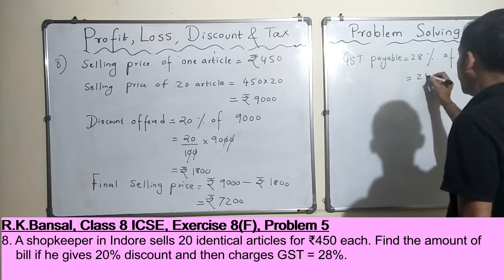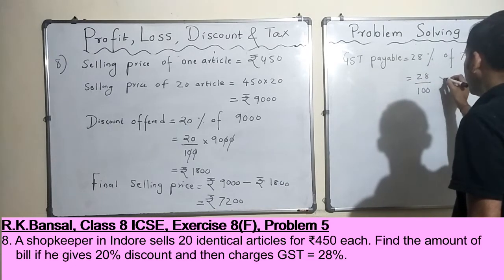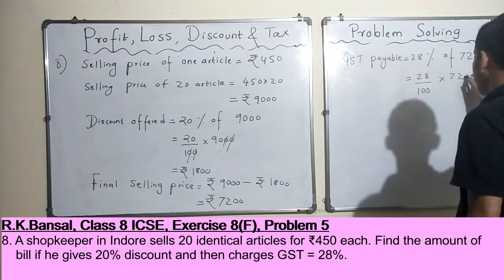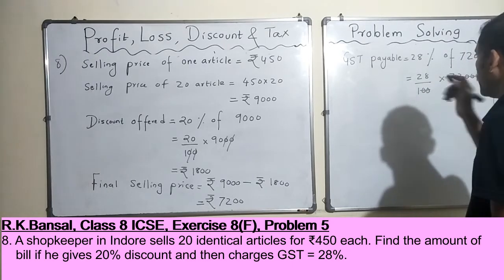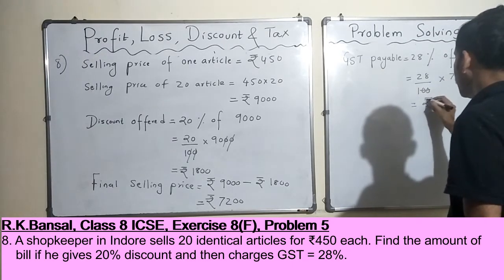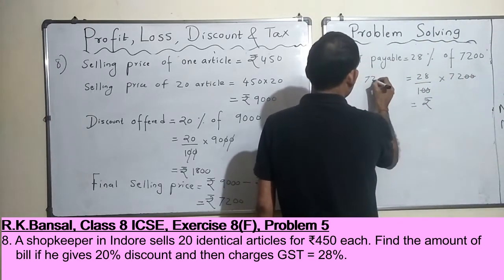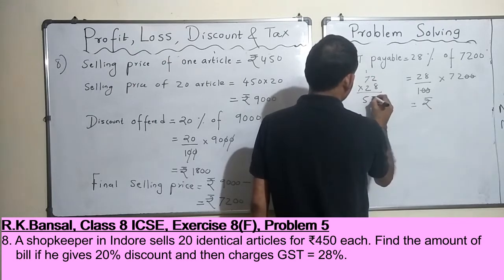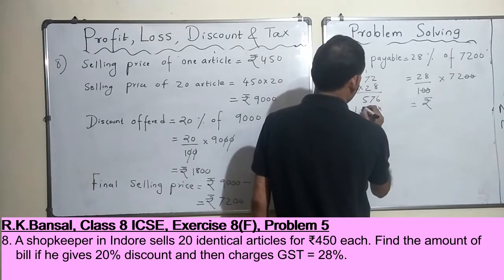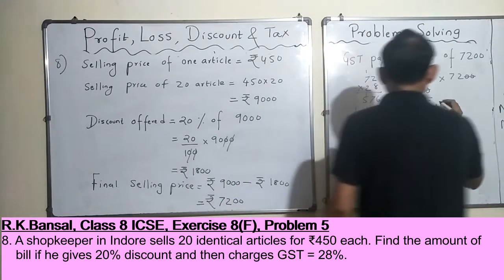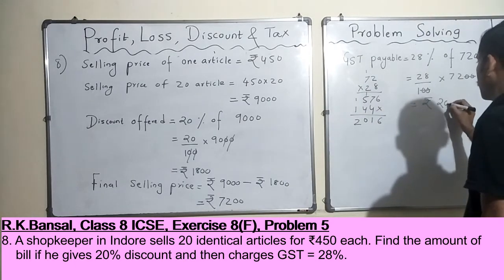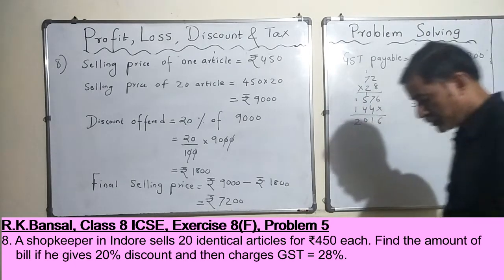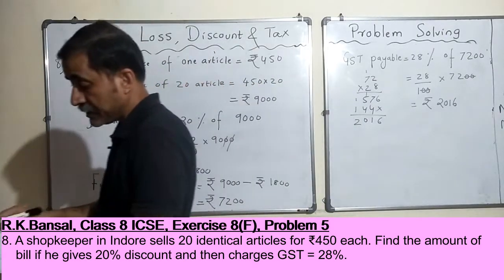So 28 by 100 into 7200, these two zeros go, these two zeros go. So the amount is 72 into 28, so I guess it is 2016. That is the GST payable.